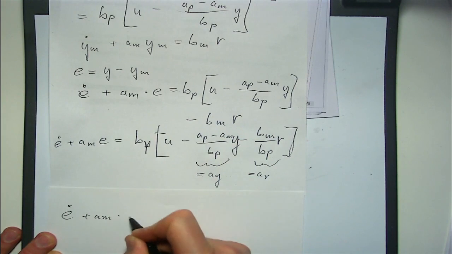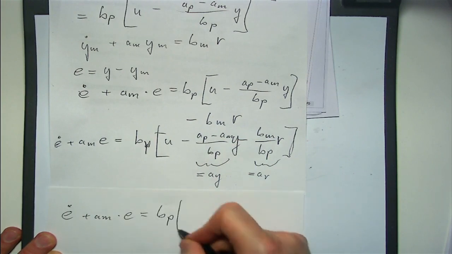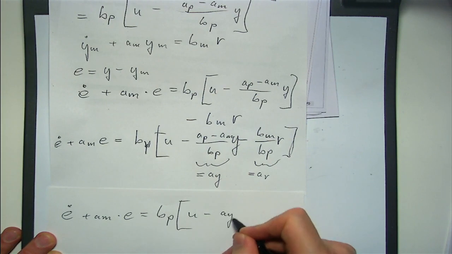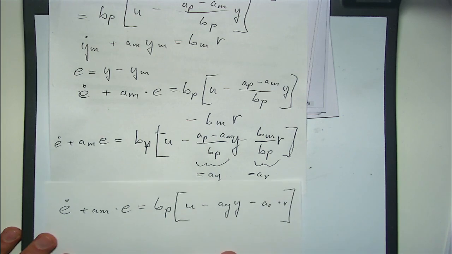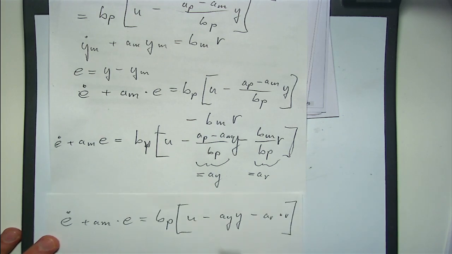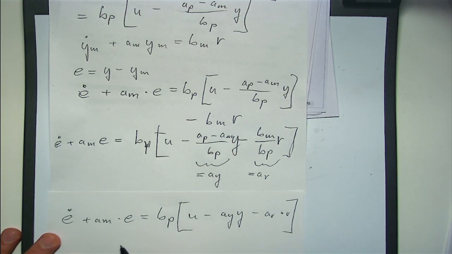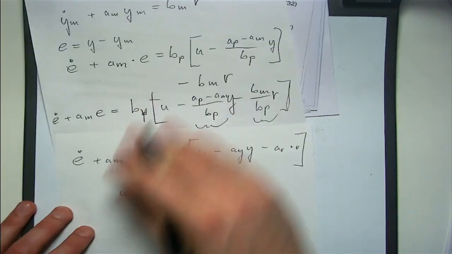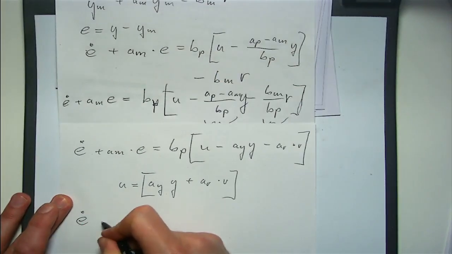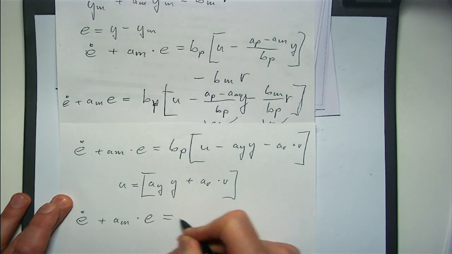AM times E equals BP U minus AY times Y minus AR times R. And the trick is now just simply to say, okay, good, let's reformulate this and say U equals, in this case, AY times Y plus AR times R. What happens is that we have here E dot plus AM times E equals 0.